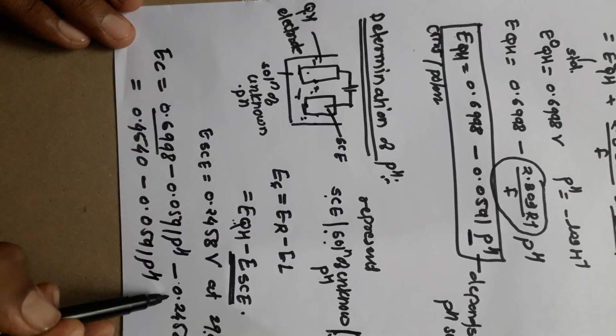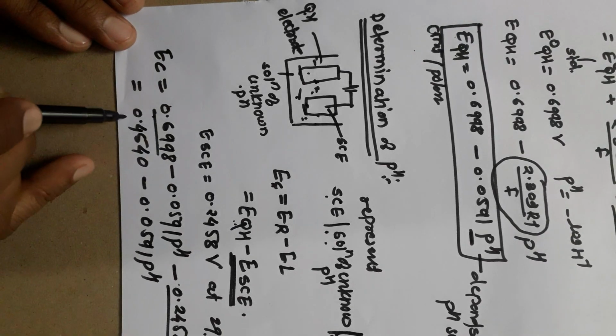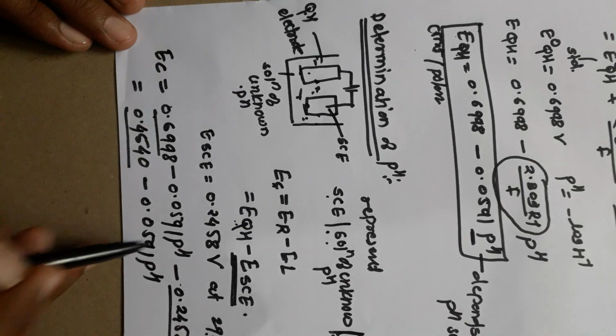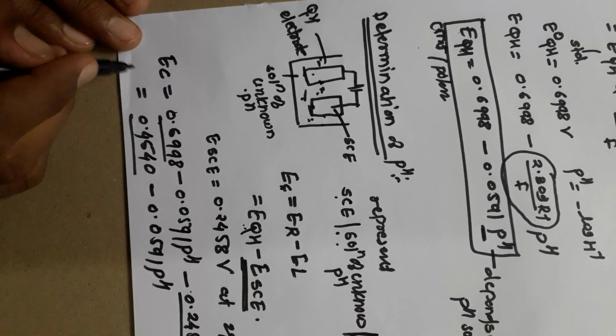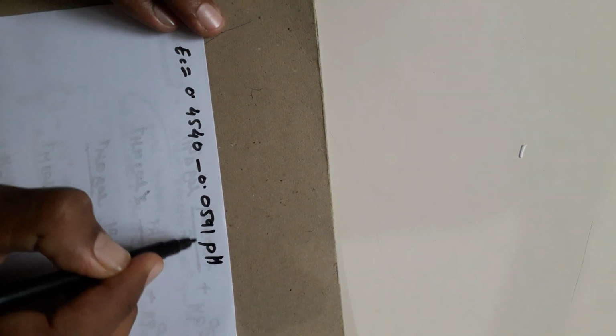This value is subtracted from this value, and we get 0.4540. Then E cell is equal to 0.4540 minus 0.0591 pH. Now you can calculate the pH of the unknown solution.